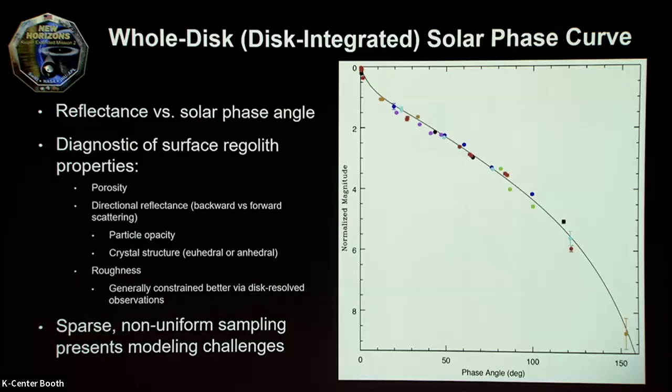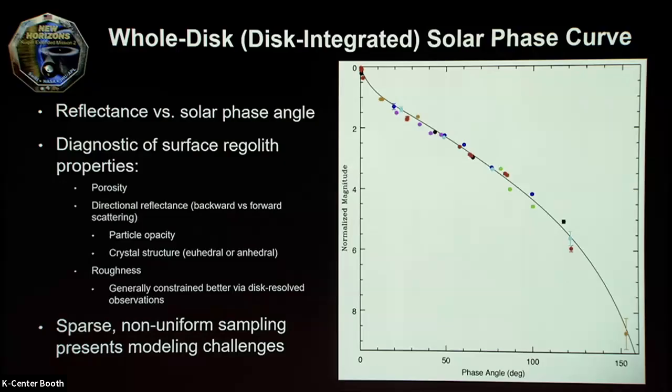So here is an example of a whole disk integrated solar phase curve. This is the reflectance versus solar phase angle, and it is diagnostic of surface regolith properties. It may look here like all these points do follow the same curve, but as you'll soon see, many of these Kuiper belt objects are distinct. They don't all follow the same curve.